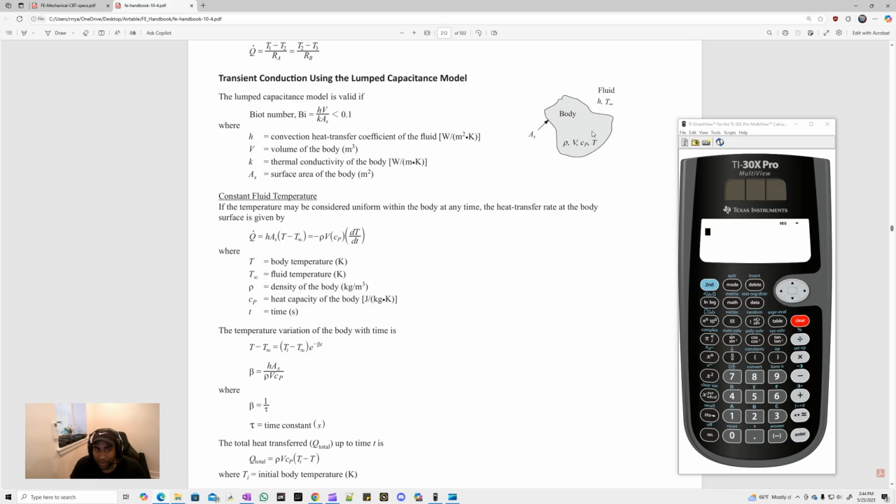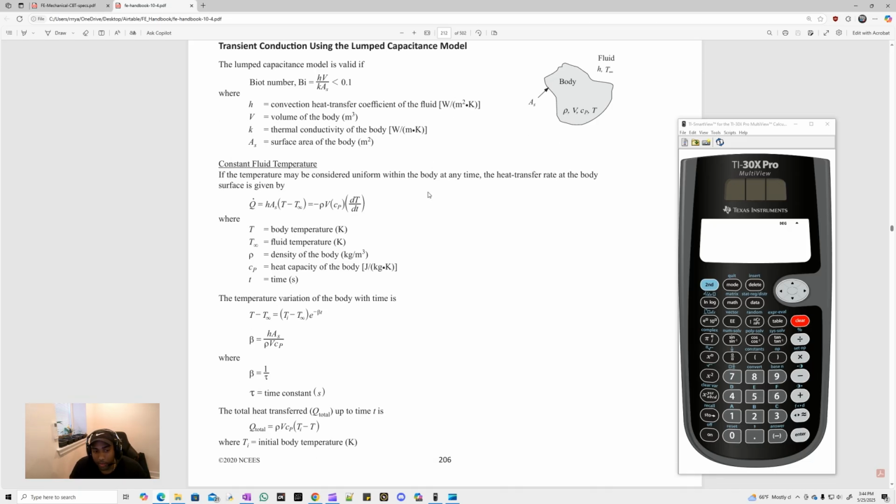So at a time like t equal to 10, the center and the outside surface will be at pretty much the same temperature. And we can know if we can use this simplified model if the Biot number, which is a dimensionless quantity, is less than 0.1. So that's the first step in seeing if you can use lumped capacitance.